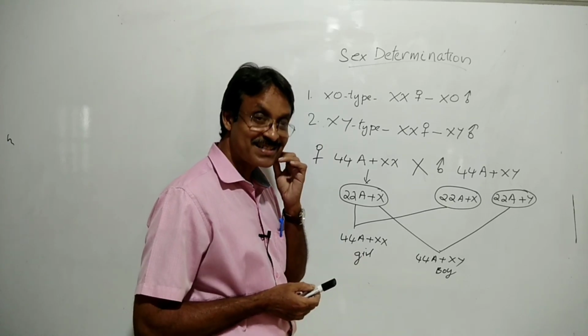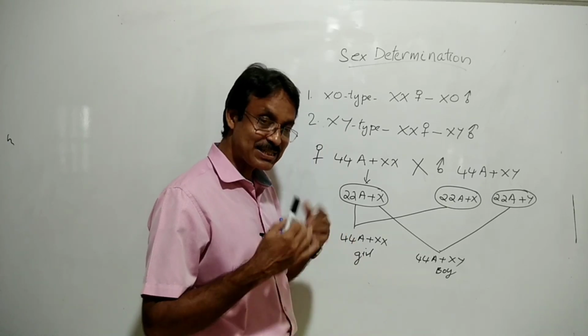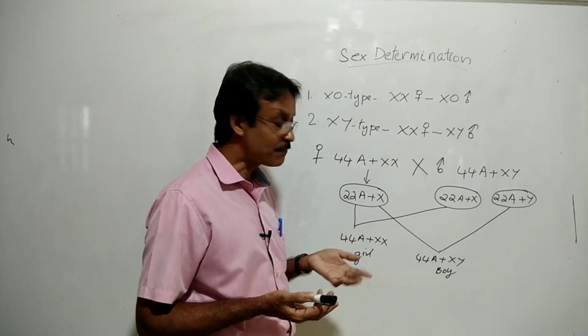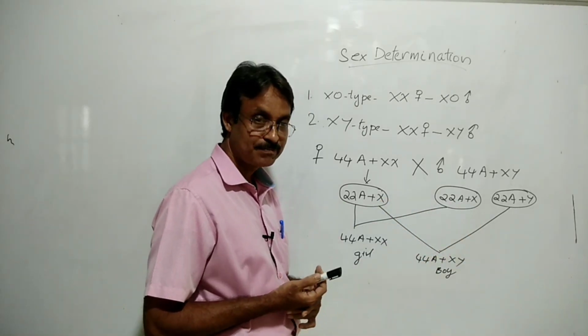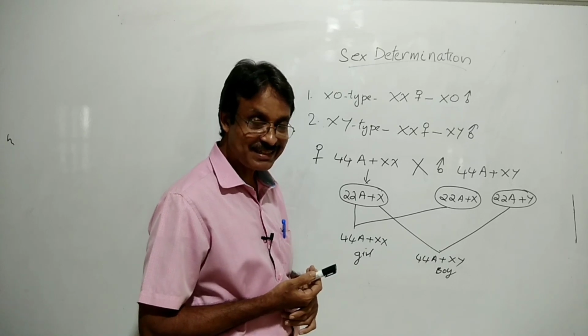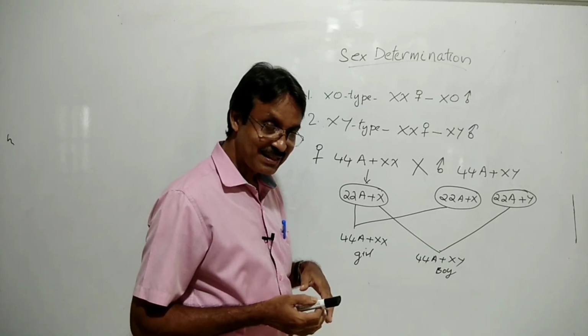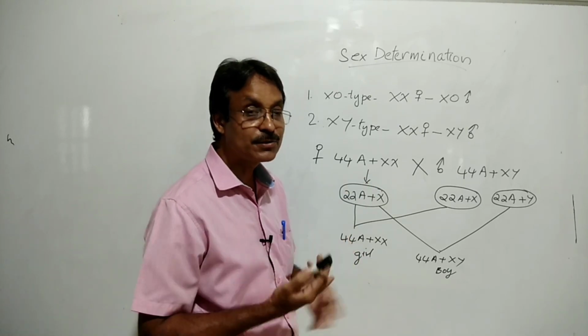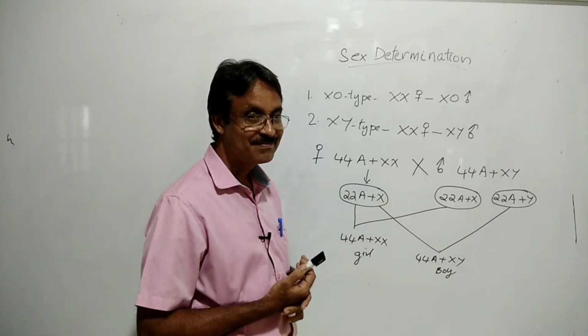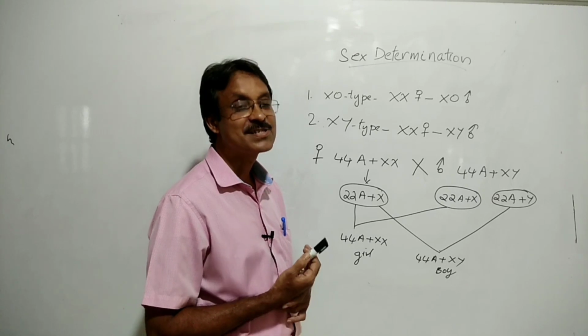Yes, father is determining the sex of the child because father produces two types of sperms. But in our society, generally, mothers or females are blamed for giving birth to girl child.